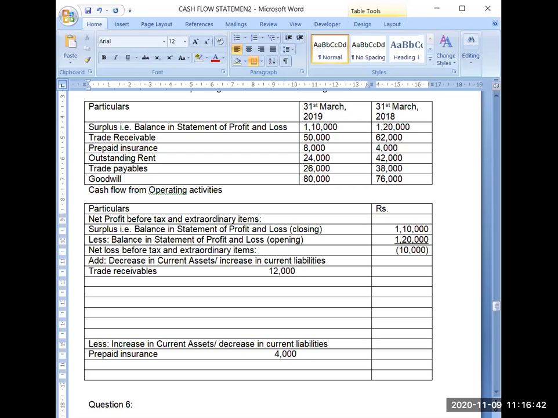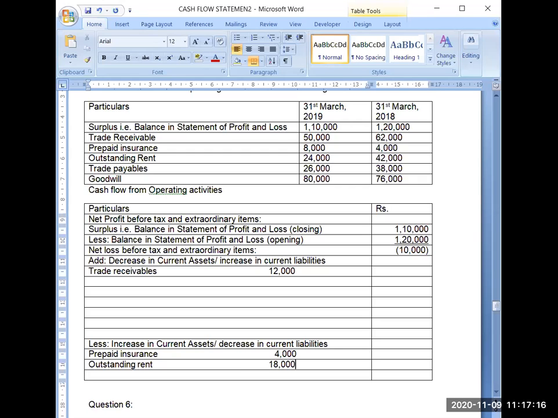Outstanding rent is your current liability. It is also decreasing. A decrease in current liability is also to be subtracted, because your liability will reduce only when you pay it back. Outstanding rent: how much is it reducing? It is reducing by 18,000.